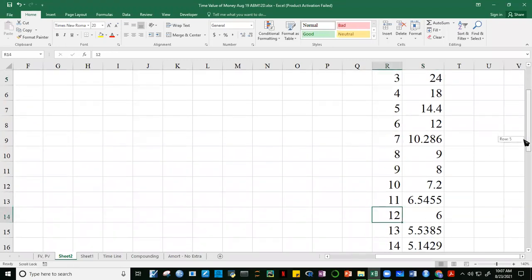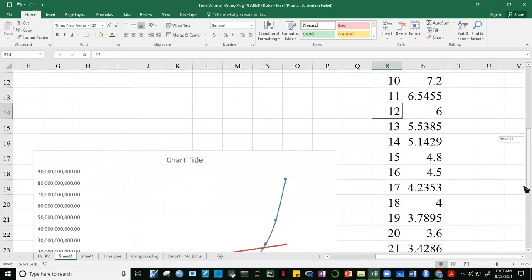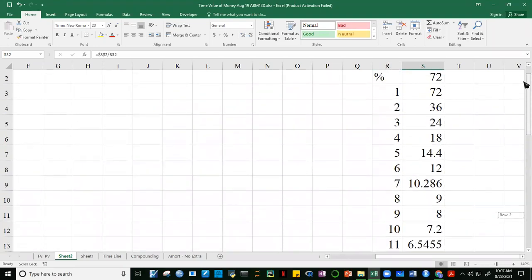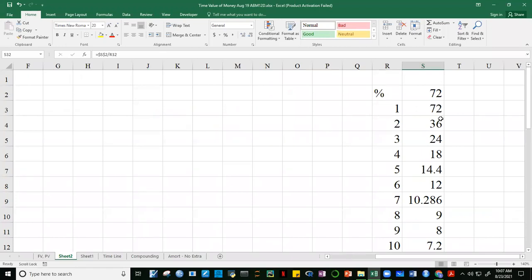So habang lumalaking percentage, guys, mas mabilis. At 30%, it will only take 2.4 years in order to double your money. Okay, so approximate yan, guys. Of course, we can use the actual, the FV formula. Madali lang din gawa ng sensitivity analysis na ganito.